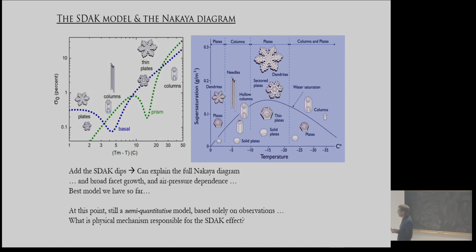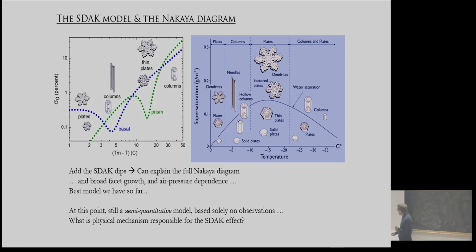So it fits, it works. It's speculative, but nevertheless, we're making some progress, we believe. Very semi-quantitative, based on observations. And so this is our model, that something about these narrow facets is just weird. And you assume that, and you can now explain everything. That was the missing link.